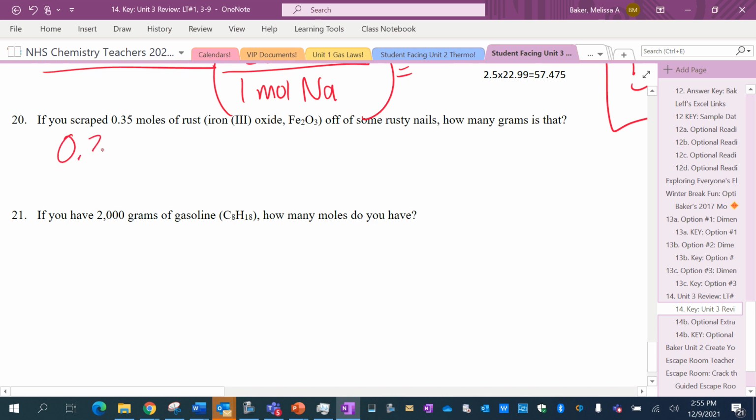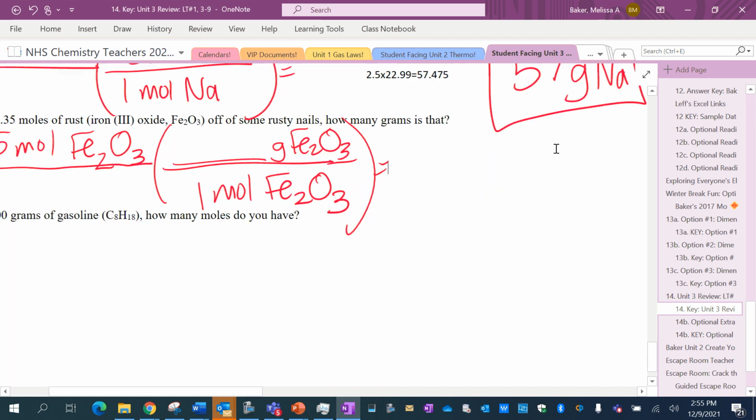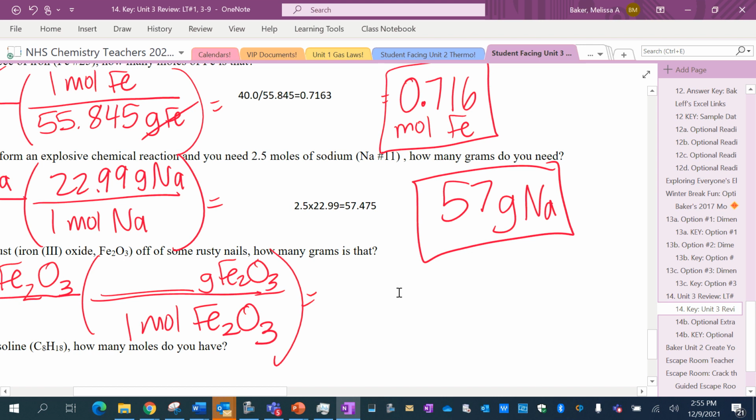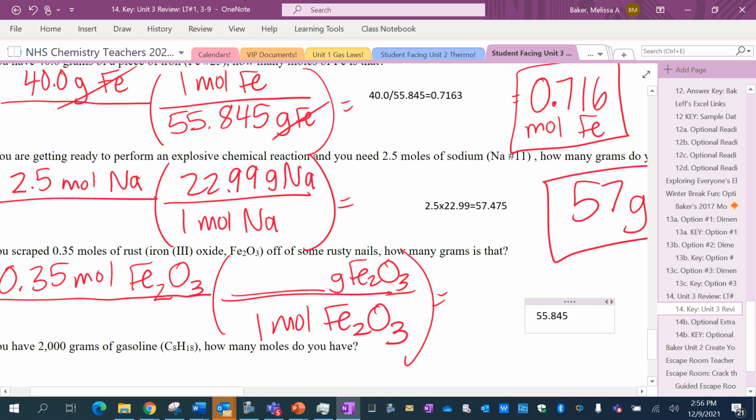If I scraped 0.35 moles of iron(III) oxide off of some rusty nails, how many grams of that? Well, how much does 1 mole of Fe2O3 weigh? I'm going to have to add this up from the periodic table. So Fe was 55.845 times 2 of them. Oxygen is 16.